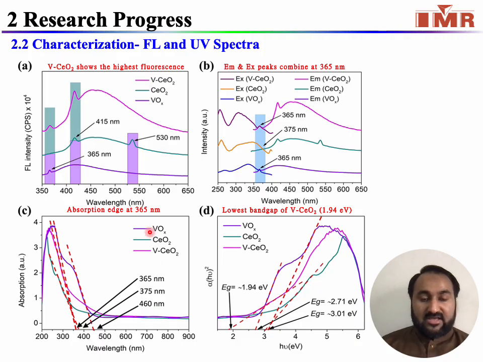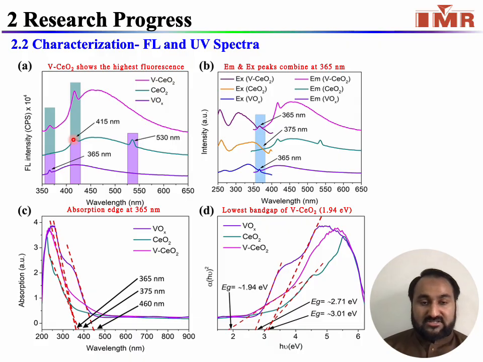After that we performed the fluorescence and UV spectra. In this spectrum we can see that the VOx quantum dots have a fluorescence effect at 365 nanometers, and the CeO2 at 415 nanometers. Interestingly, VCeO2 has both at 365 nanometers, but the intensity of this peak is very high.